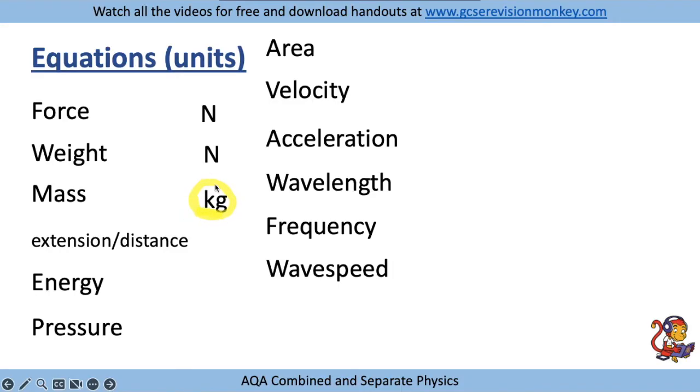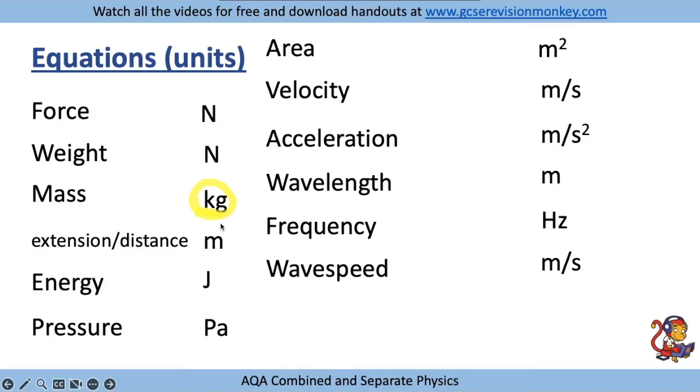If you see kilo there, just leave it there. Extension or distance is in meters, energy in joules, pressure in pascals, area in meters squared, velocity in meters per second, acceleration meters per second squared, wavelength is in meters, frequency in hertz, and wave speed in meters per second.